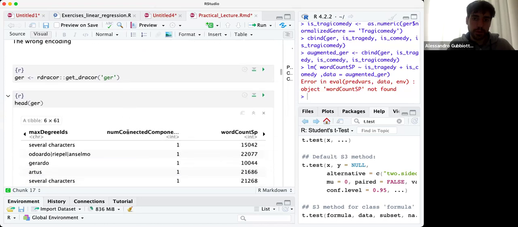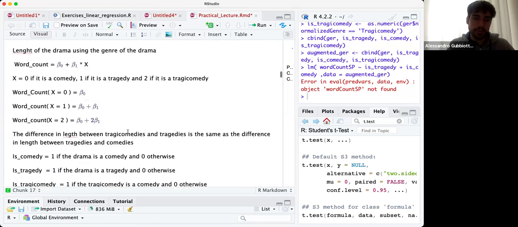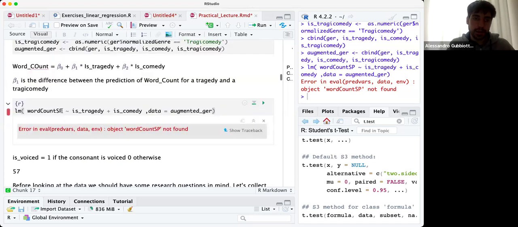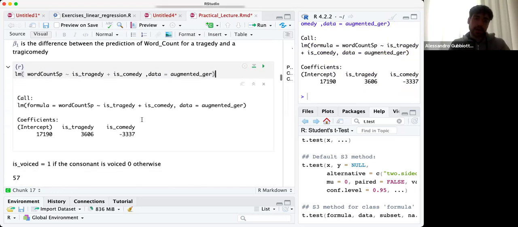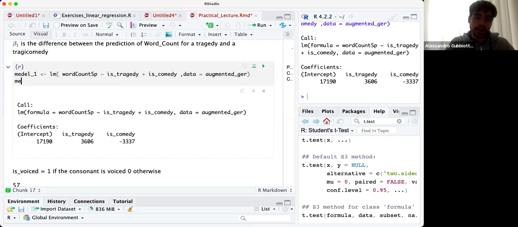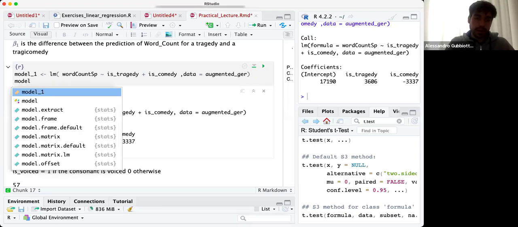So word count, okay, we can do this, and we can also take, let's call it model one. Actually it is the same.